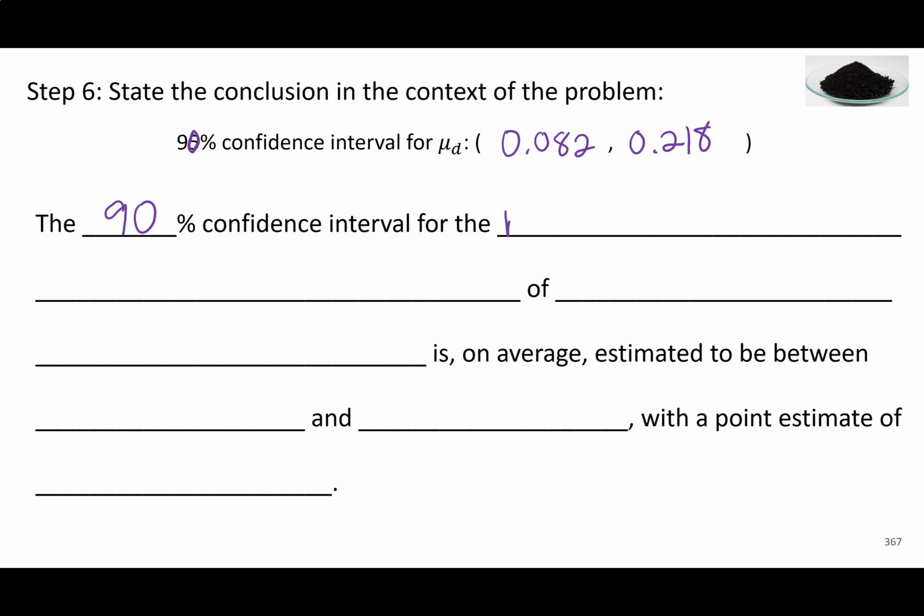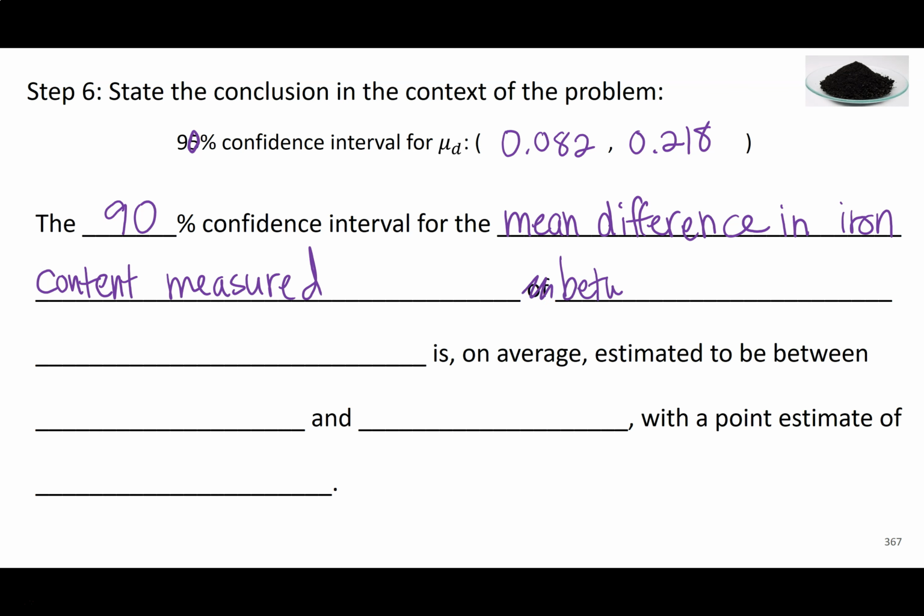So now my parameter of interest, mean difference in iron content measured between the chemical analysis and X-ray analysis. I'm going to write X-ray analysis, not the X-ray fluorescence analysis. I didn't leave space.